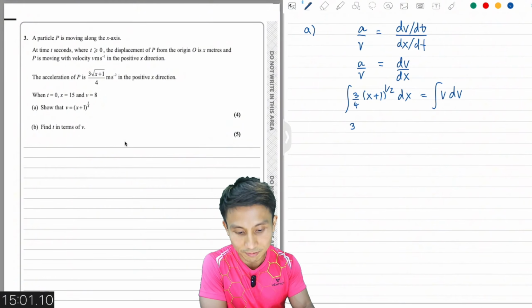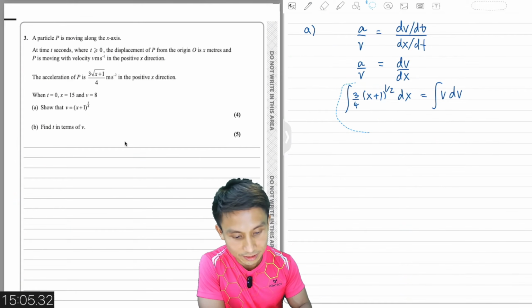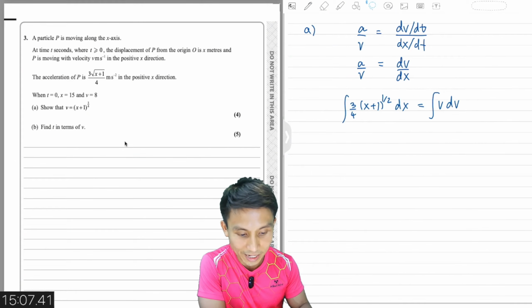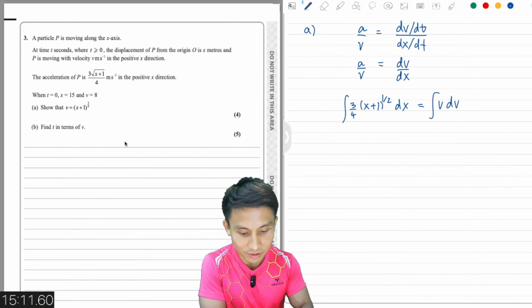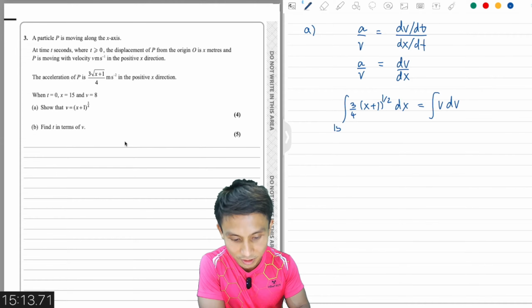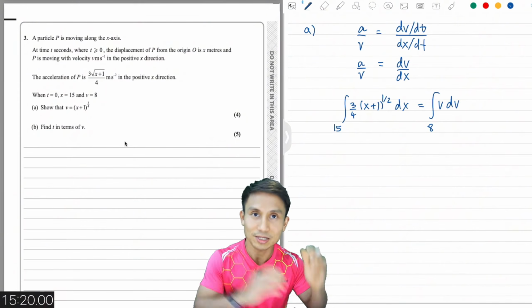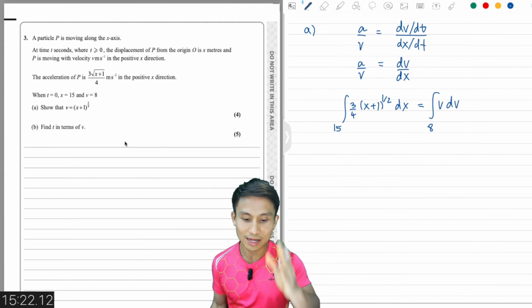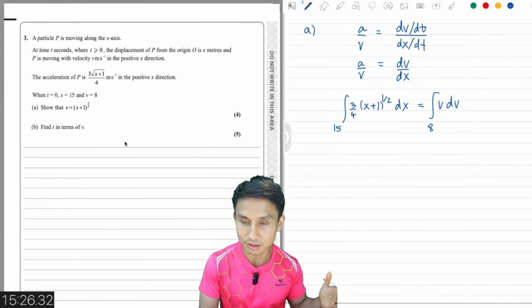Wait, hang on. Let's apply the bounds as well. So, yeah, the way I would do this is to apply the bounds when I integrate. So, x at t equals 0 is 15, right? So I put 15 here. And v is 8, so I put 8 here, yeah? That's the initial conditions. When t equals 0, x is 15, and v is 8, all in the positive directions.